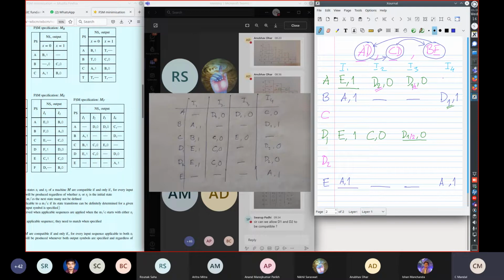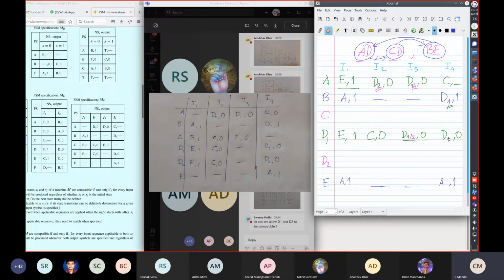All right. Let us go to I4. On I4, the output is C. This is don't care. And for D, the output is D. So here, of course, I should not put it as D with output 0. No, sorry, it should be D2 rather than D1.